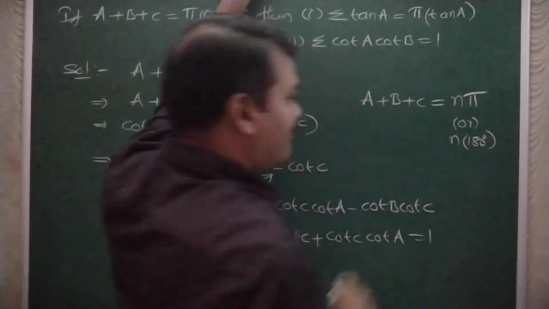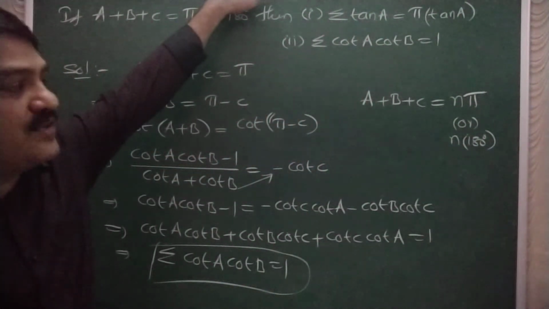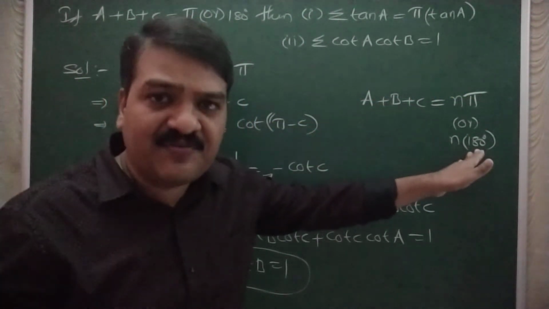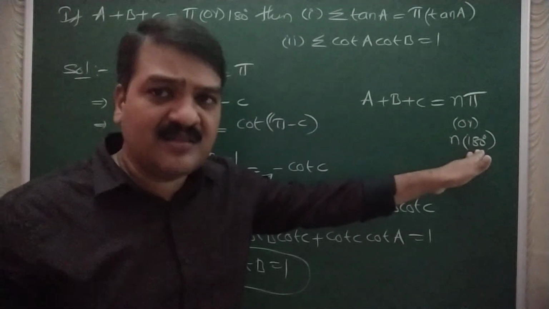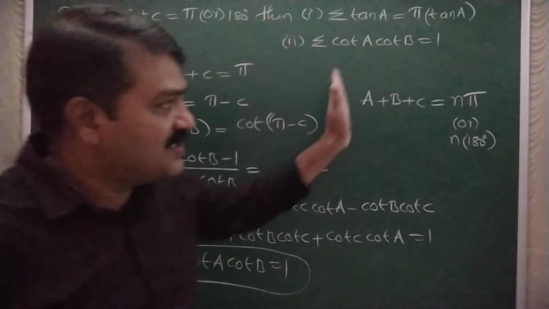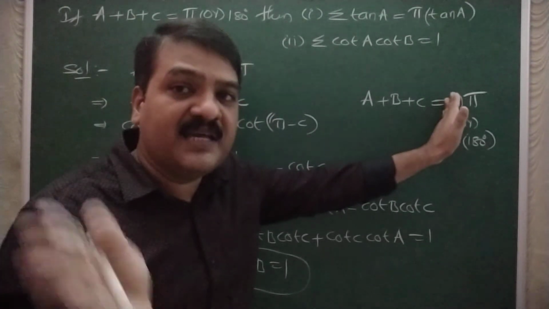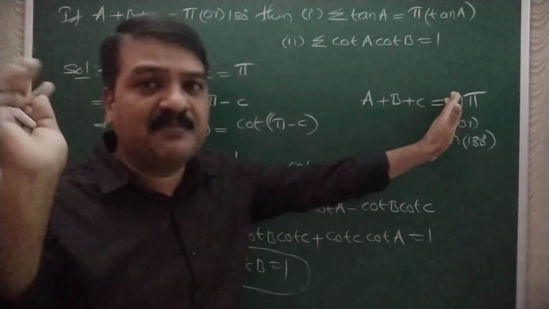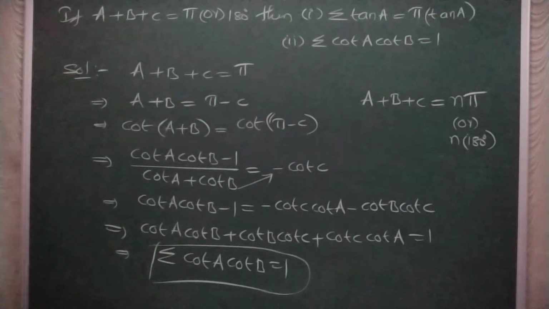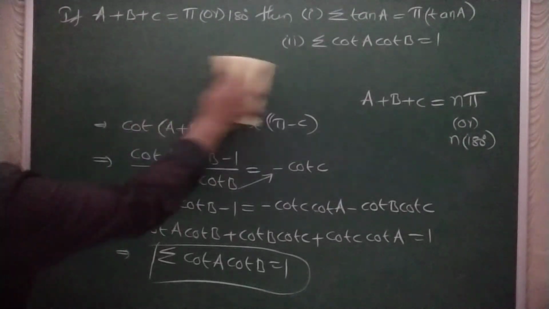Any multiple of 180 degrees. So a plus b plus c is equal to 180, 360, 540, 720. For all these, the conditions are applicable. A plus b plus c is equal to pi, 2 pi, 3 pi, 4 pi, any multiple of pi, the results are applicable. Okay. Now, let us move on to the next condition.